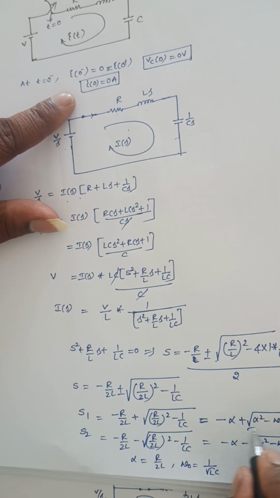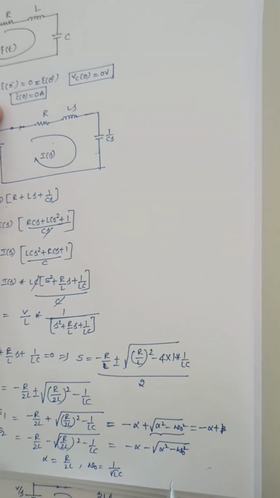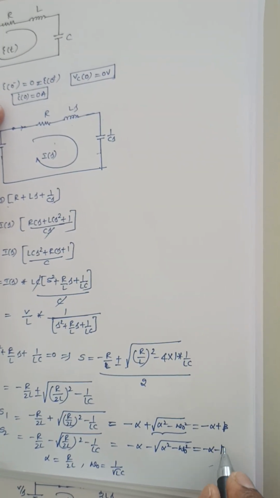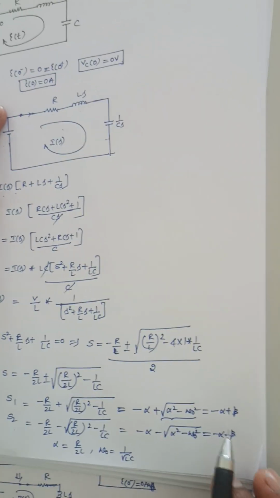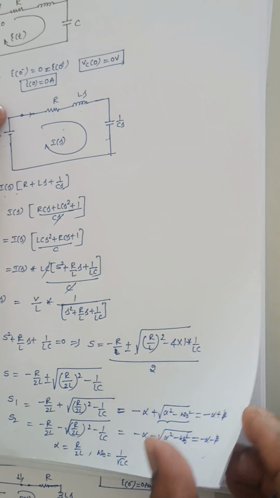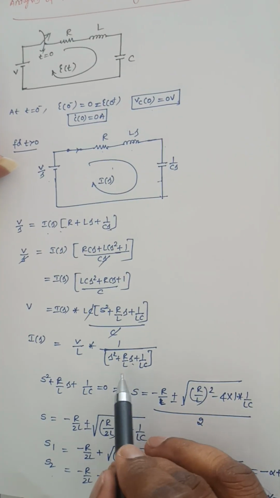Let us assume this total square root is beta. So the two roots S1 and S2 are minus alpha plus beta and minus alpha minus beta for this expression.